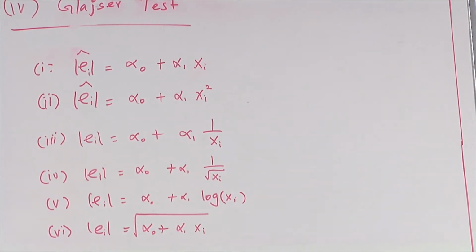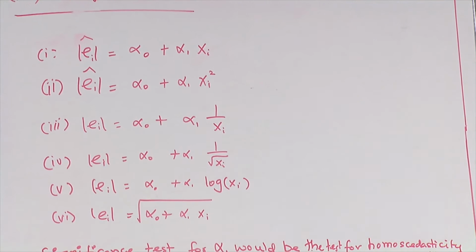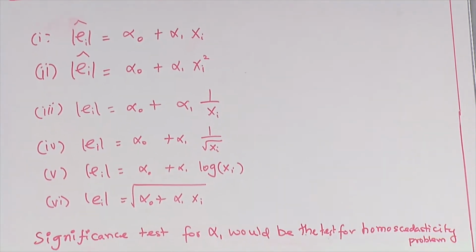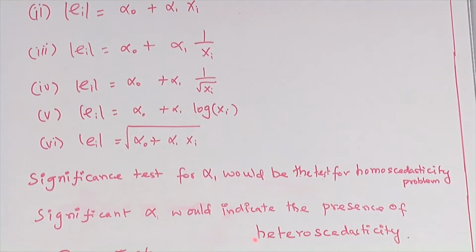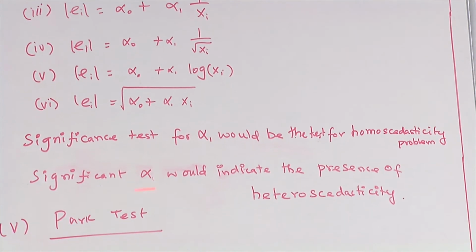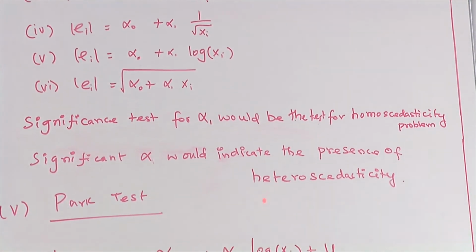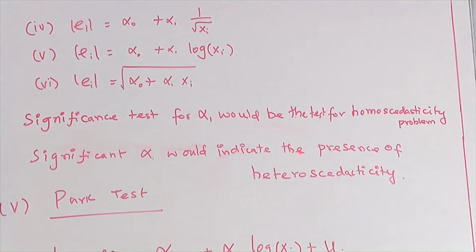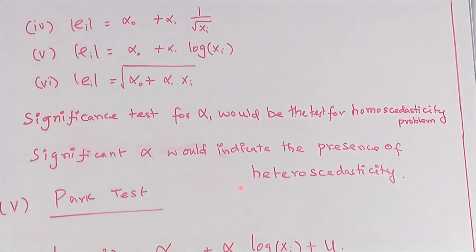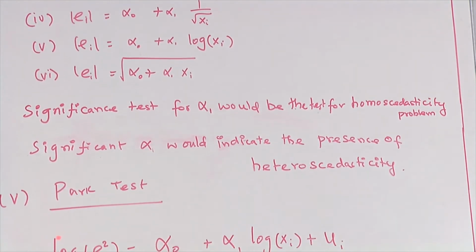If alpha 1 is significant, that will indicate the presence of the heteroscedasticity problem. So, this is a very simple procedure used by Glejser, and a very similar one is the Park test.